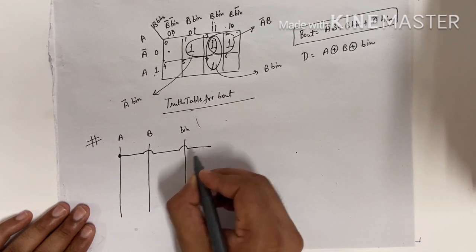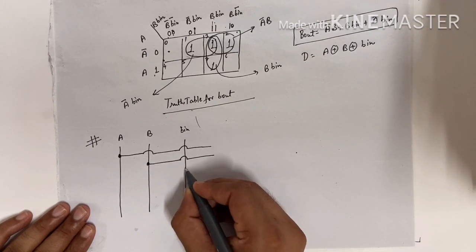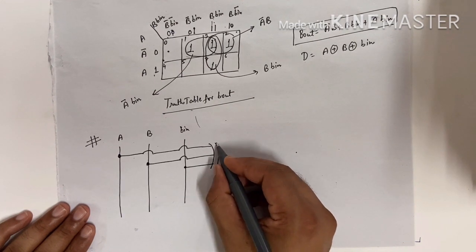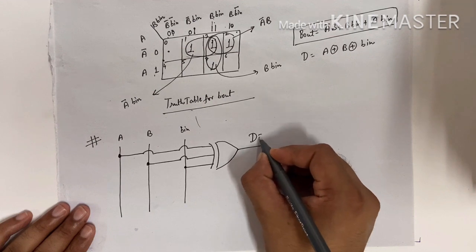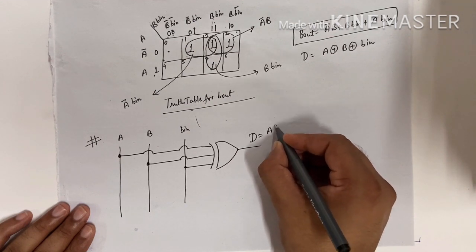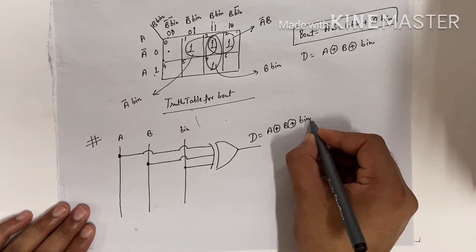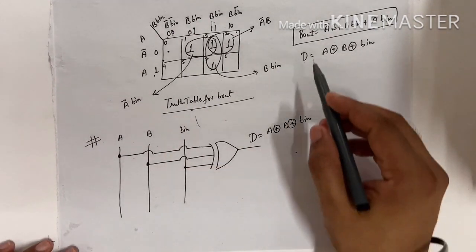In this fashion we can take the XOR of these 3 simultaneously. So this is the difference output. We can write here D, which is equals to A XOR B XOR B input.